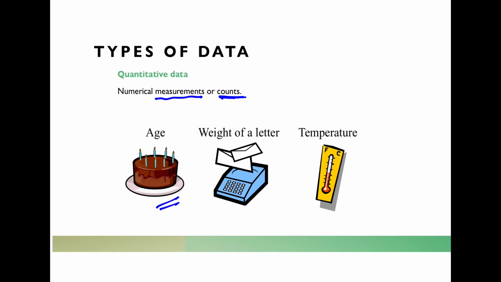So we could get more specific with it. Weight of a letter, that would be a measurement. Temperature, also a measurement from a population. And if we wanted to know the number of dogs a person has within a community, that would be a count, right? So counts or measurements all consist of quantitative data.